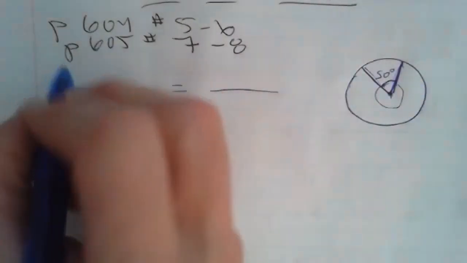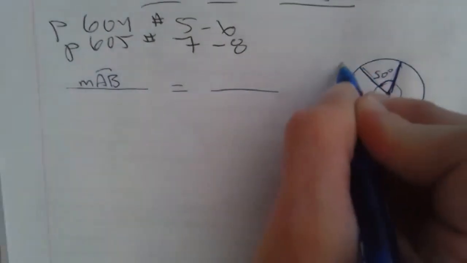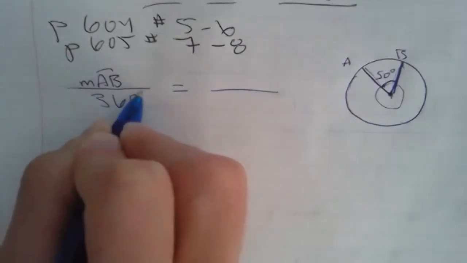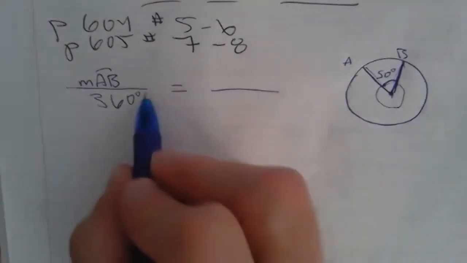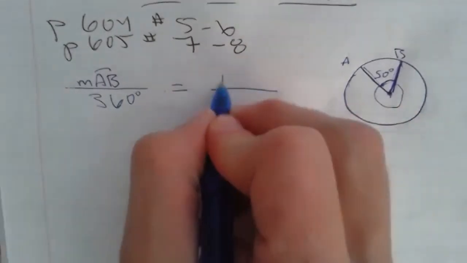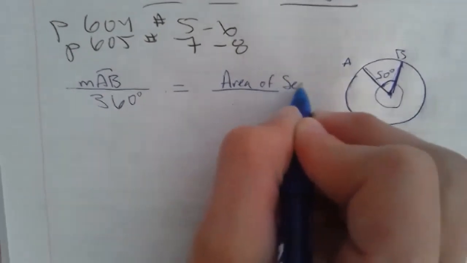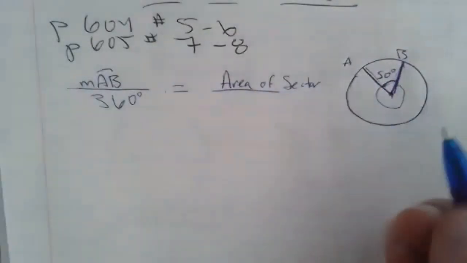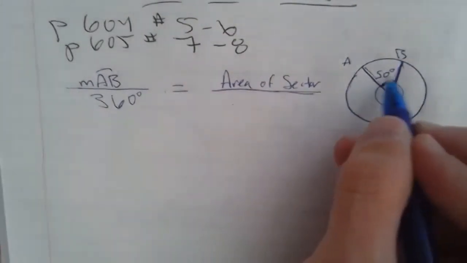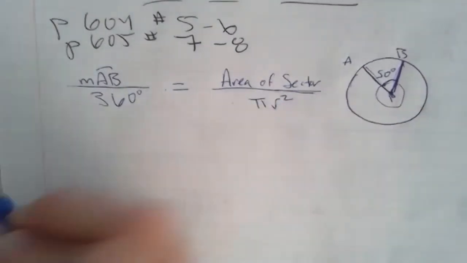So the measure of that angle, the part of the circle, compared to 360 is going to be proportional with the area of the sector, and the book names the sector APB, the area of the sector that has that angle compared to the whole area of the circle.